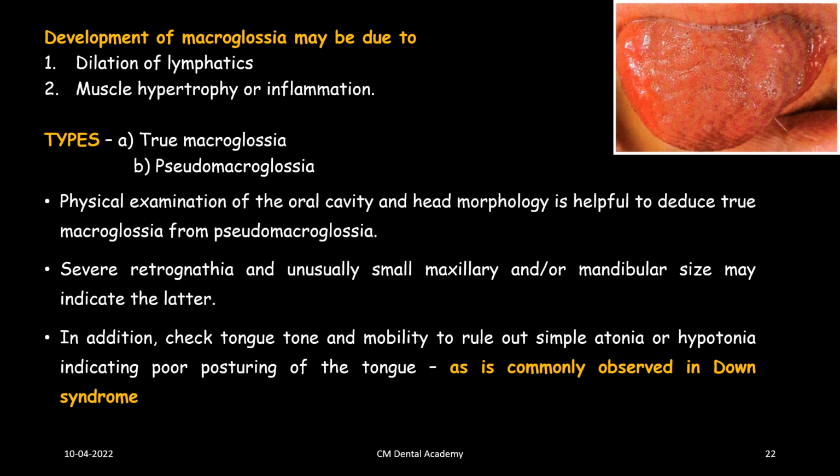In addition, check the tongue for tone and mobility to rule out simple atonia, that is a lack of tone, or hypotonia, that is decreased tonicity of the tongue, indicating poor posturing of the tongue, as commonly observed in Down syndrome. So these are the features a clinician should look for when a patient walks in with macroglossia.